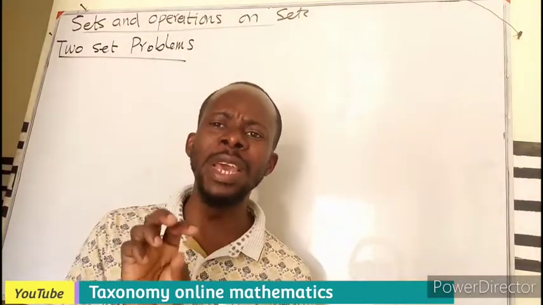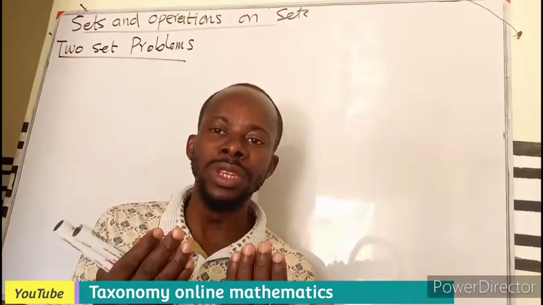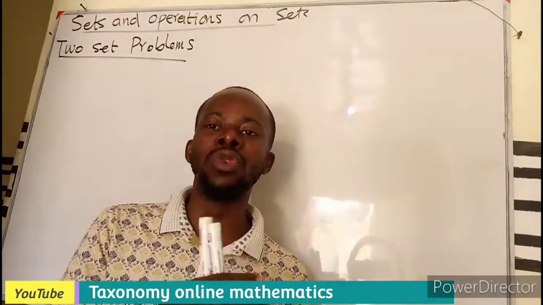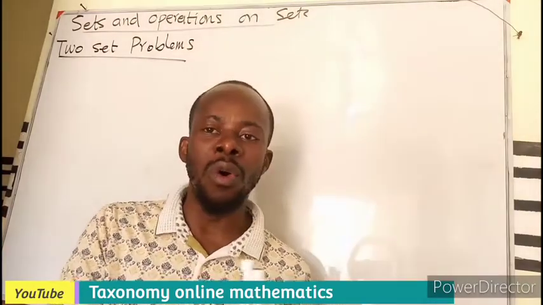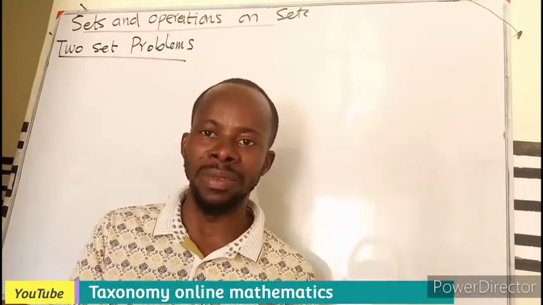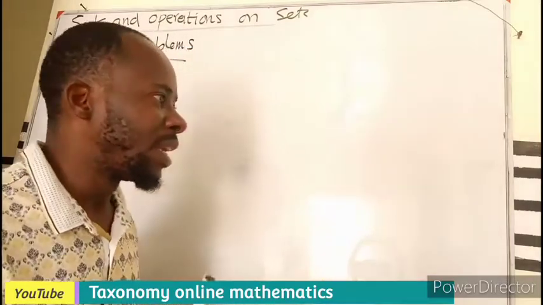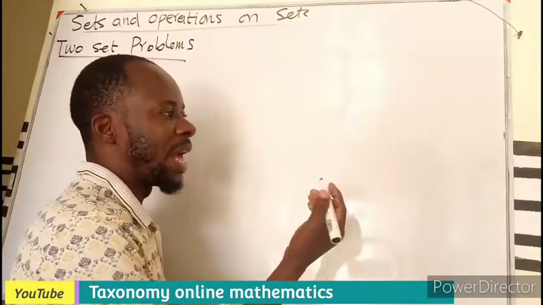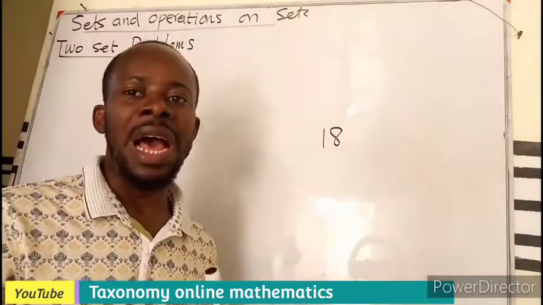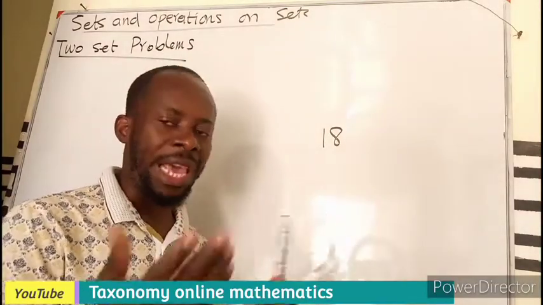Now the two sets come in when people are to choose between two items, and your choices are either you choose the first item or the second item, or you may even choose both of the items or choose none of them. For example, say we have 18 students who are asked to choose between football and volleyball, what they like.